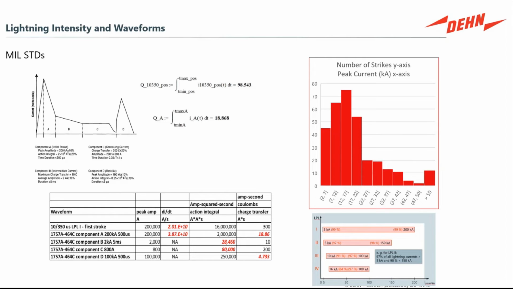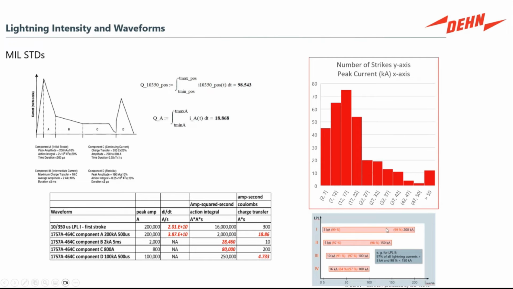And this we find closely corresponds to the MIL standards for what's considered component A, for the duration, the amount of energy, the lightning intensity, the magnitude of the strike. So we like to use that correspondence to help us justify the use of the standards and to offer the MIL standard marketplace a much more robust lightning definition.